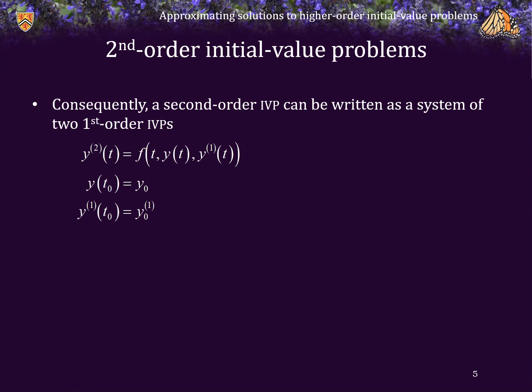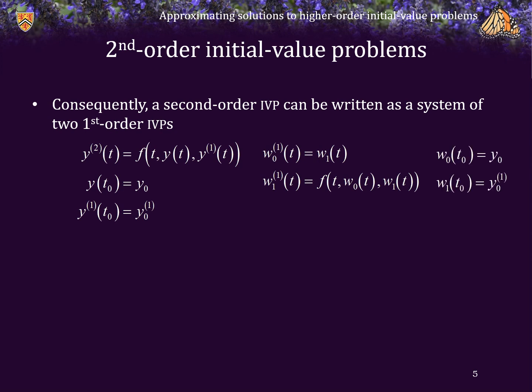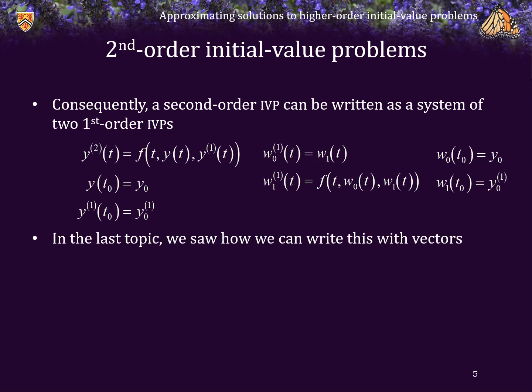All right, consequently, a second order initial value problem can be written as a system of two first order initial value problems. So essentially, here are the two ordinary differential equations, and there are the initial conditions. In the last topic, we saw that we could rewrite a system of first order initial value problems using vectors.